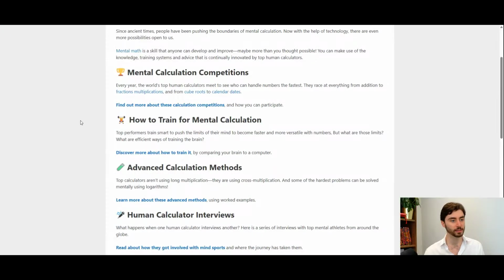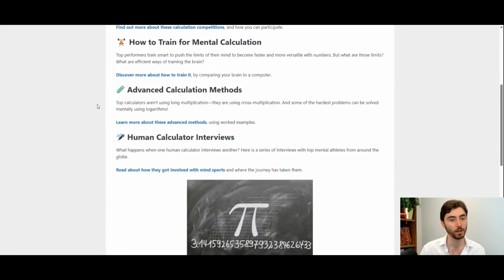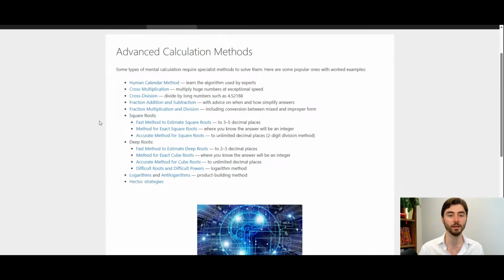It looks like this. Don't go too overboard with everything on here, though. You don't need most of it. So I assume you won't need advanced calculation methods, but just simple how to train for mental calculation will do. Learn more about these advanced methods. Ah, okay.